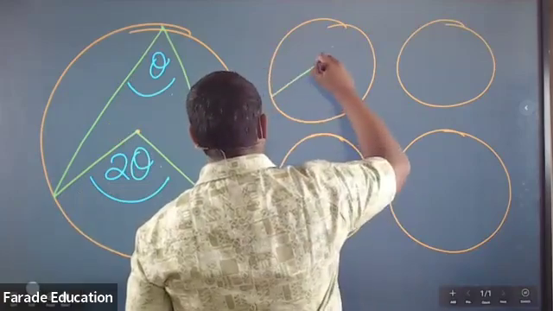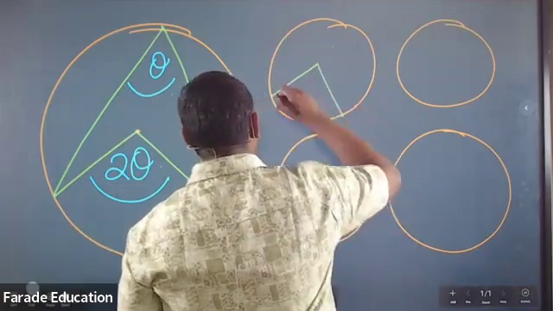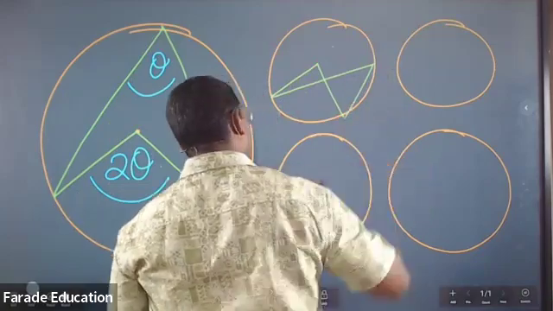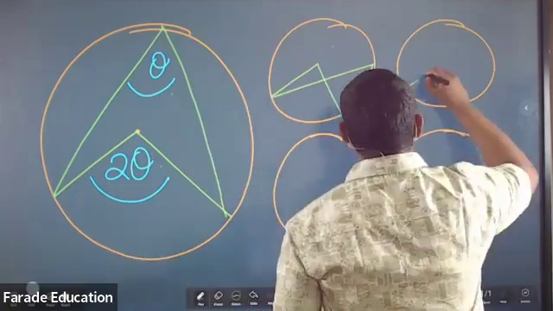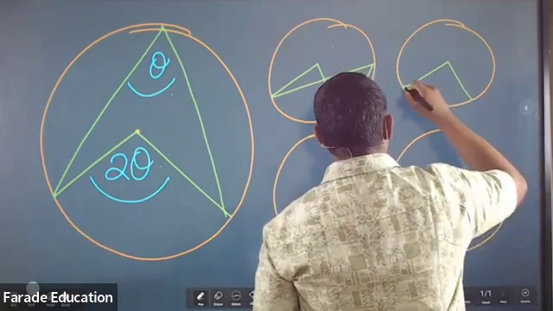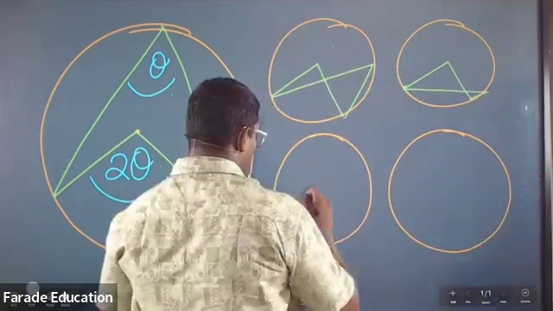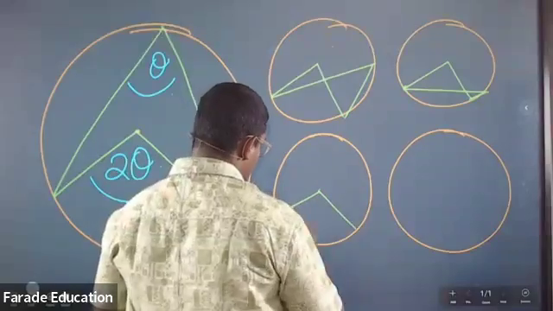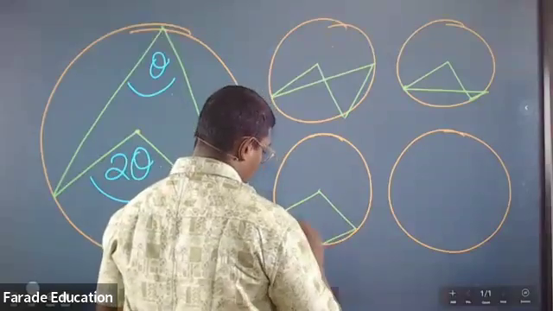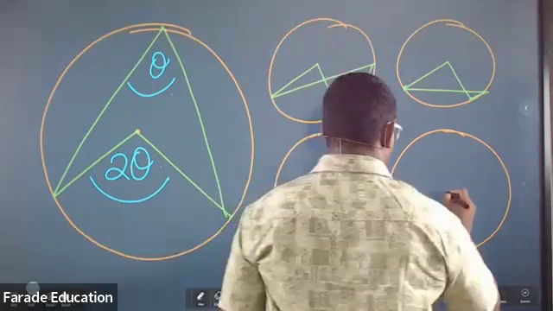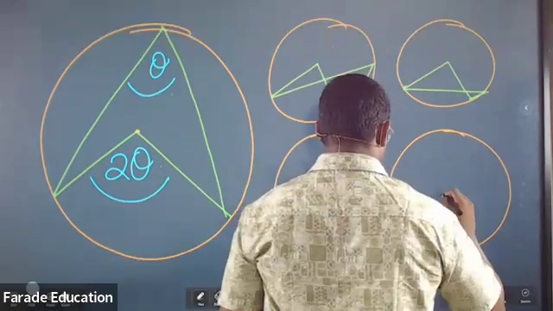No. Okay. This can take several other shapes. This can be something like this with center O. Or this can be something like this. We don't know. This can be something like this. Or this can be something like this.